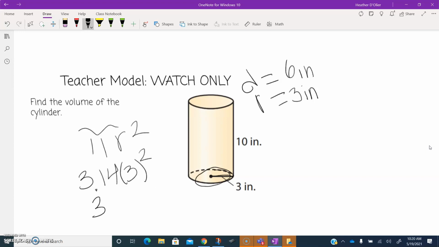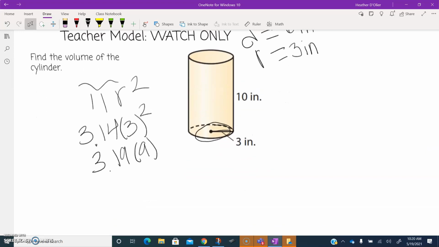So I'm doing 3.14 times 9. I'm using my calculator. 28.26 inches squared, because that's the area of the circle.